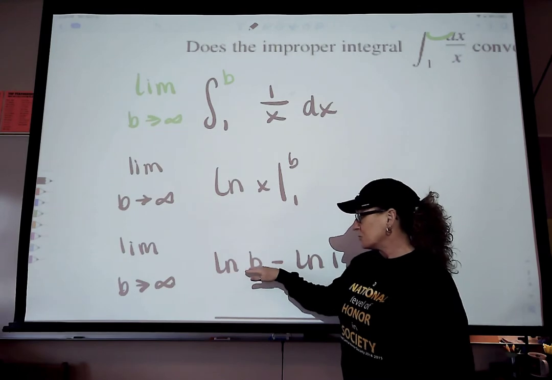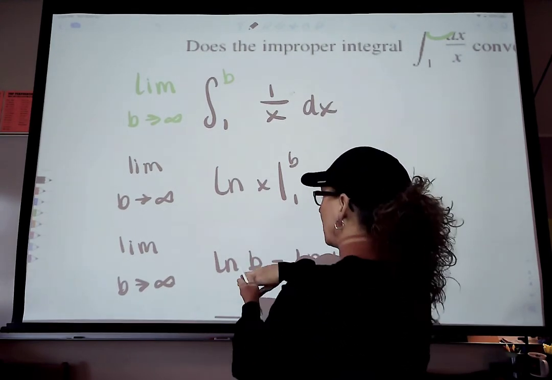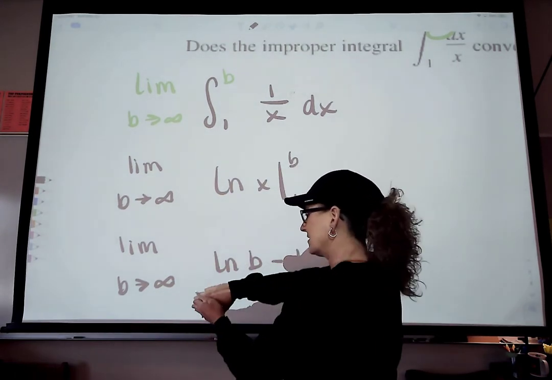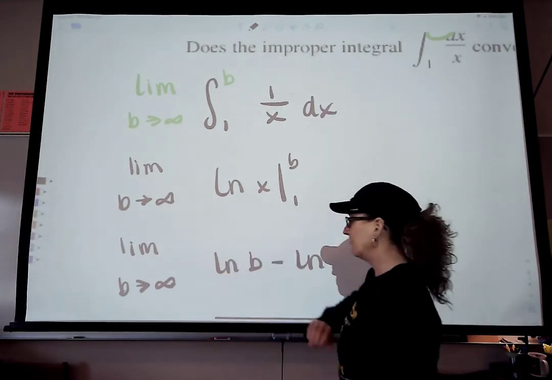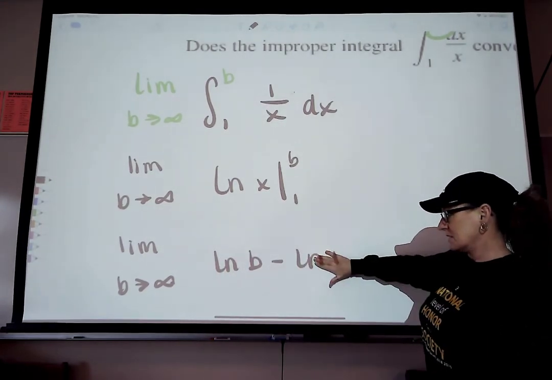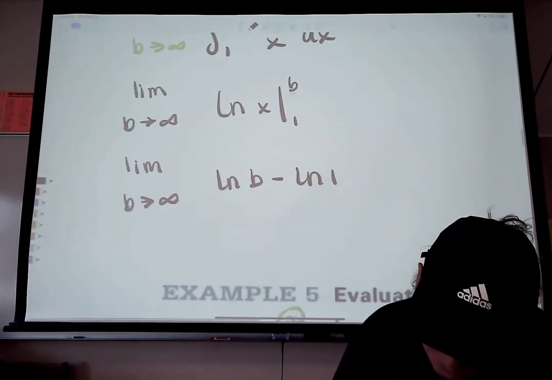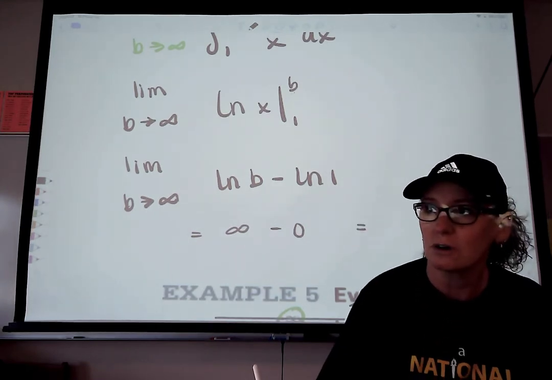As b goes to infinity, you've got natural log of infinity. If you picture your natural log graph, ln x, as x gets bigger, y gets bigger. This is heading toward infinity. This is 0. Is that right? Natural log of 1? Yeah, that's 0.